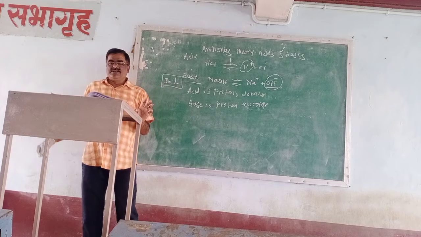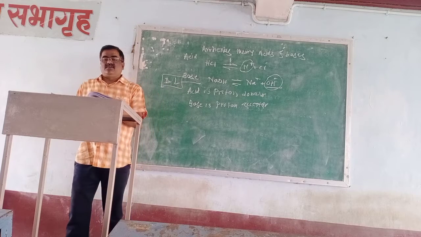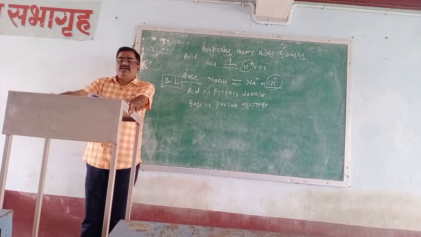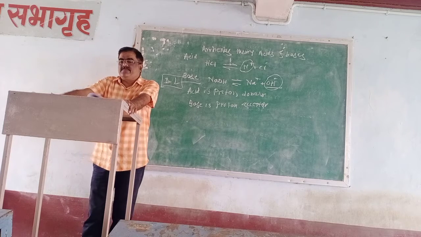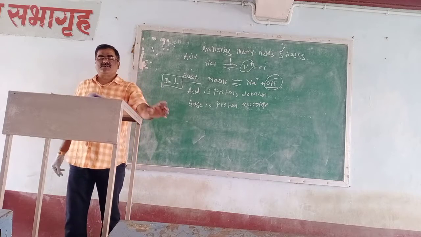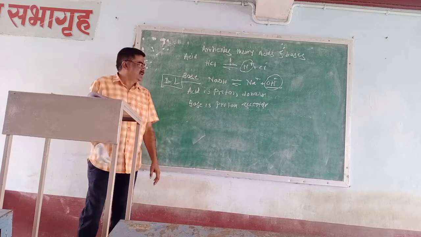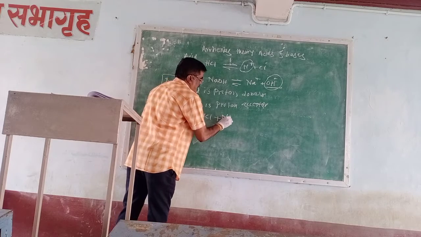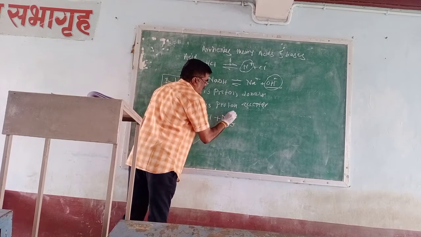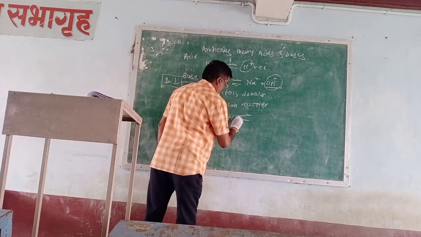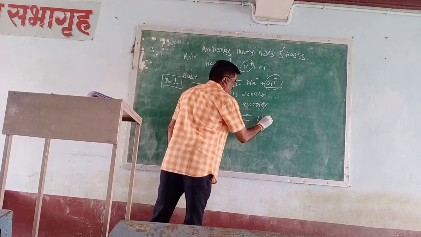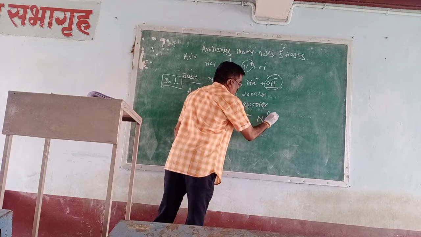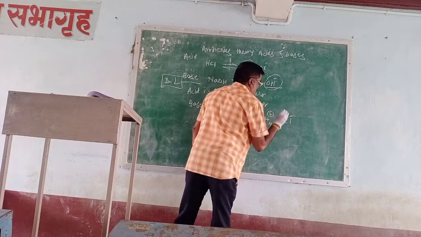In this case, the acid and the base: HCl plus NH3 gives NH4 plus Cl minus ion.